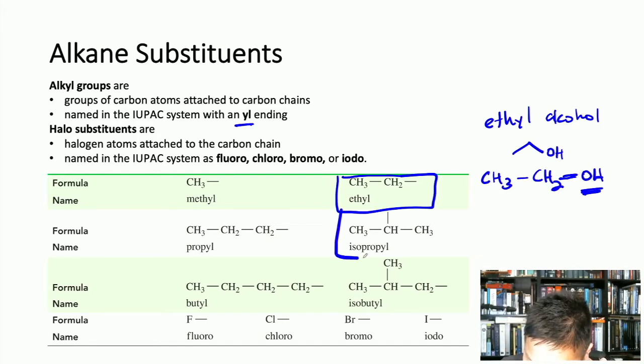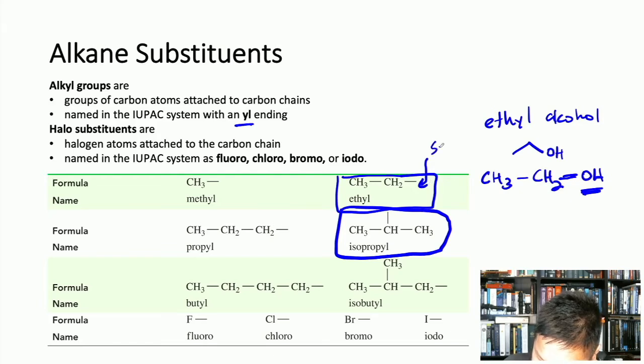Another example here is isopropyl, right? And I forgot to say that whenever there's nothing there at all, when you're doing a condensed formula, that means that something else, like another substituent, can be connected there.